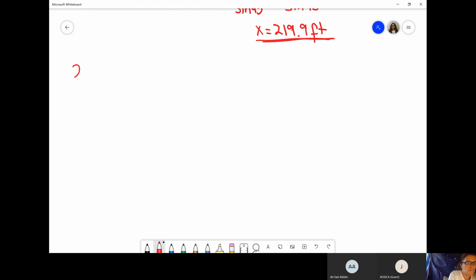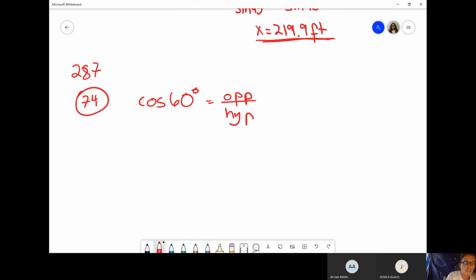Number 74 on page 287. Number 74 says the cosine of 60 degrees is opposite over hypotenuse, and that is equal to 1/2. Is this correct?